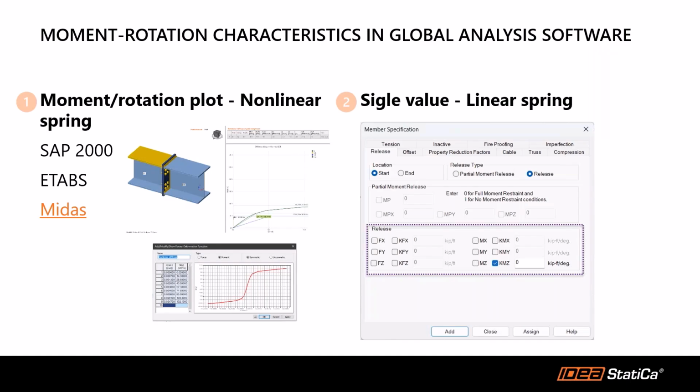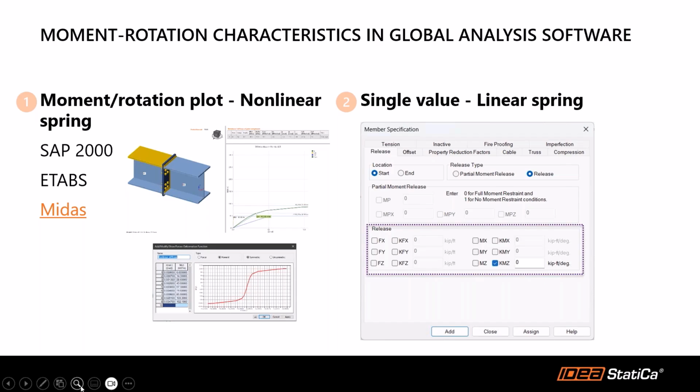To input those moment rotation characteristics in the global analysis software, there are two options. The first one that I am highlighting here is a moment rotation plot or a nonlinear spring. In some software like SAP2000, ETABS, and MIDAS, you can input the actual curve.